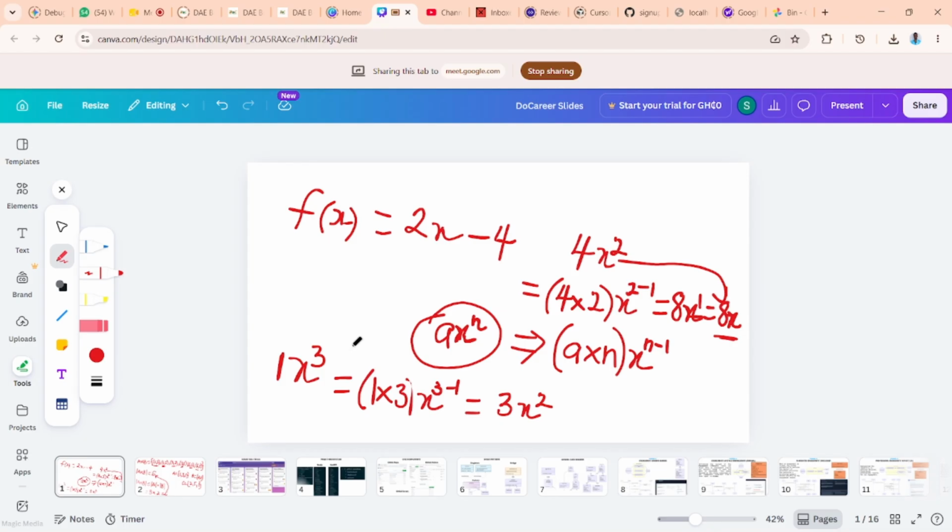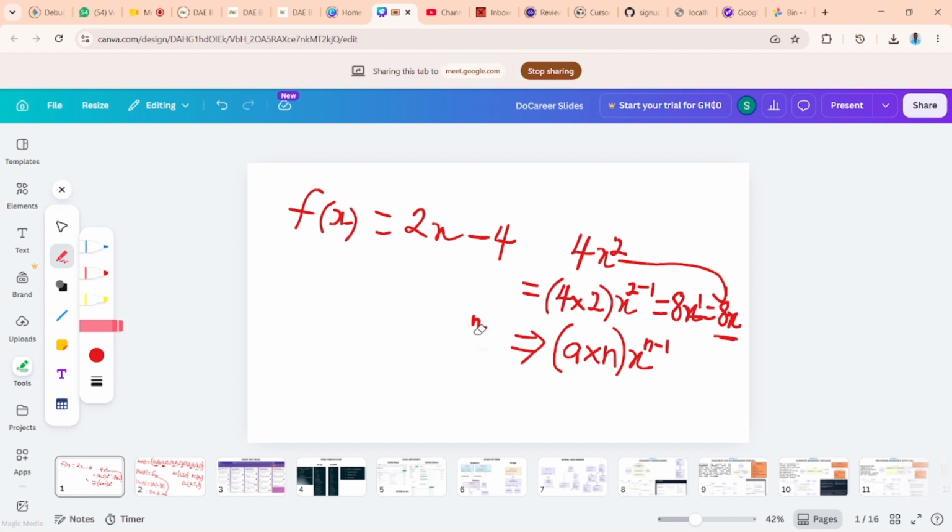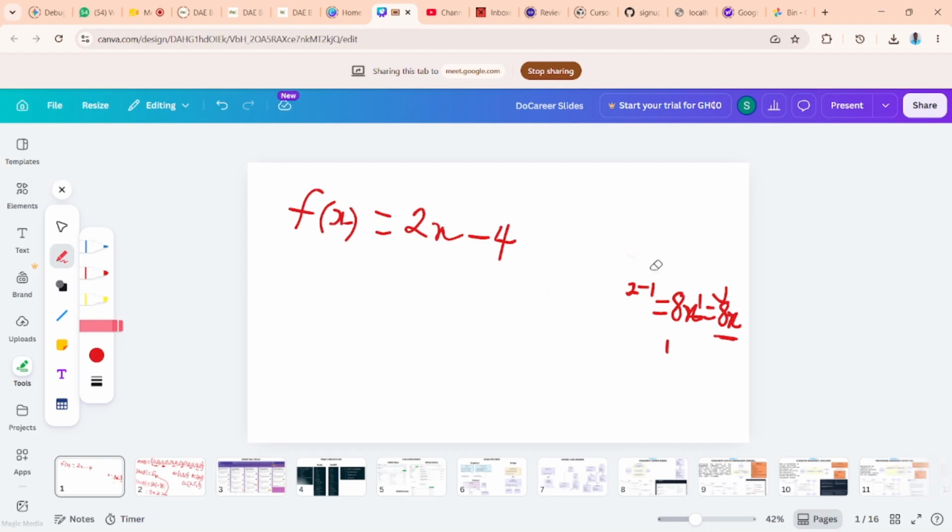That's if you have only one term. If you have multiple terms that are separated by plus or minus, then you do the same thing for each term separately. So we may have something like 3x squared minus 4x cubed plus 6x plus 7.